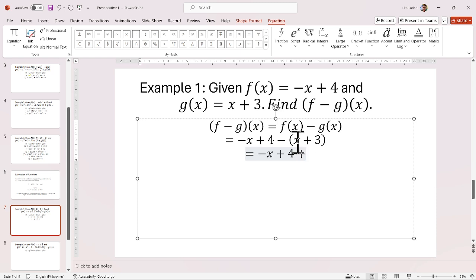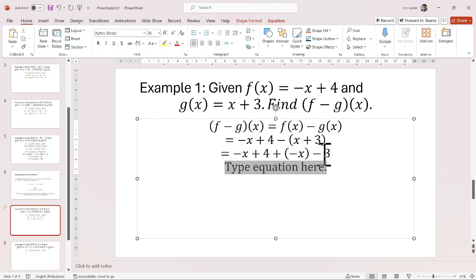That means positive x will become negative x, and plus 3 will become minus 3. Okay? So again, you change subtraction to addition, and then change all the signs of the subtrahend. That means positive x will become negative x, plus 3 will become minus 3. And then we proceed to addition. Okay? We simplify, we add.